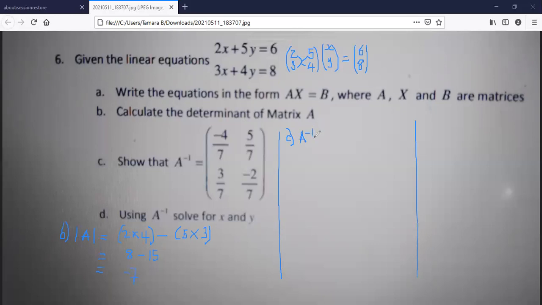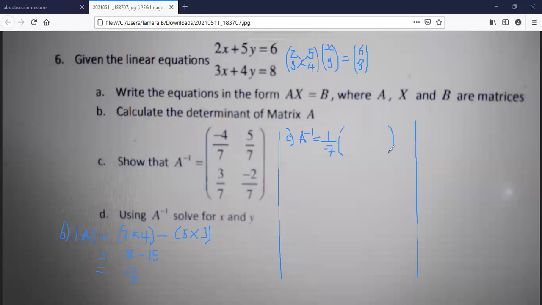That means the inverse of A is equal to 1 over your determinant. Remember, we found the determinant earlier, which is -7. So it's 1 over -7 times the adjoint matrix.